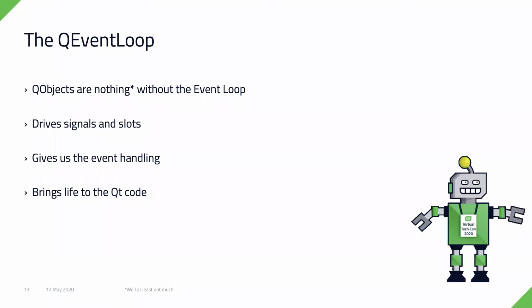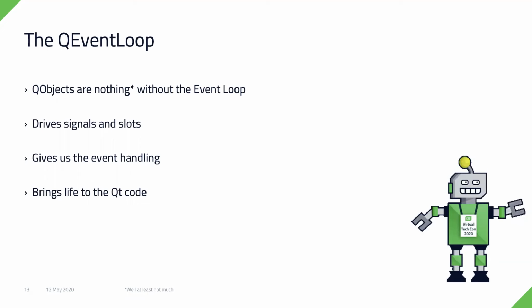QObjects themselves don't do a whole lot. Well, they do a lot, but they don't do that much without the event loop. The event loop brings to life the whole of the Qt runtime, and brings life to your application. Signals and slots, especially when they're going via the event loop, won't do anything with no event loop. The event handling and propagation comes from the QEventLoop.